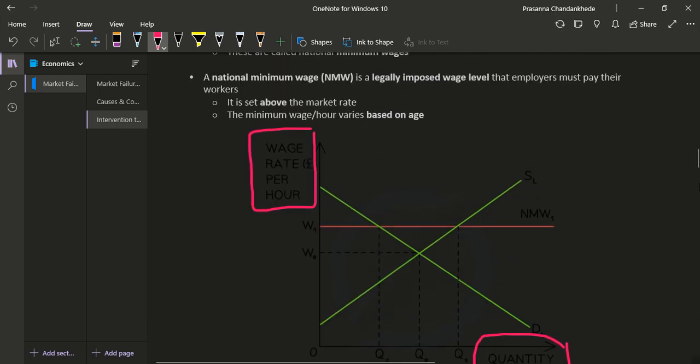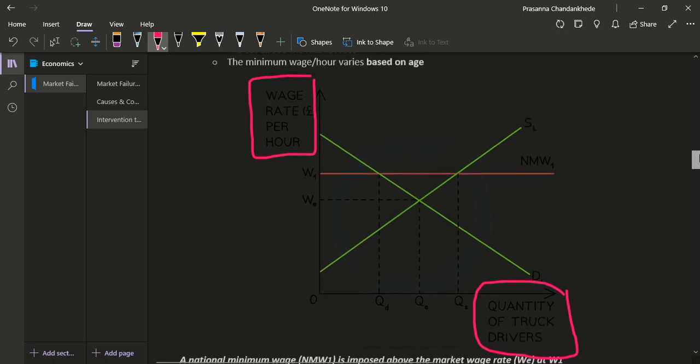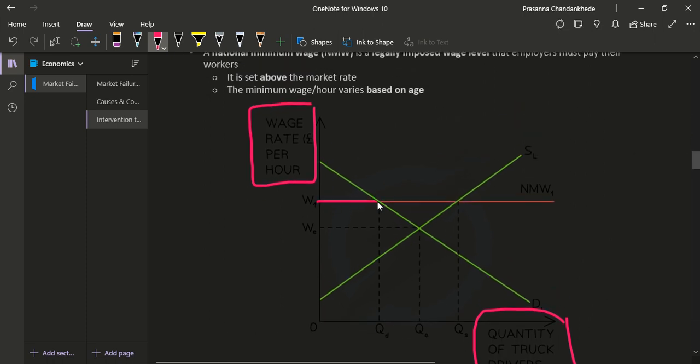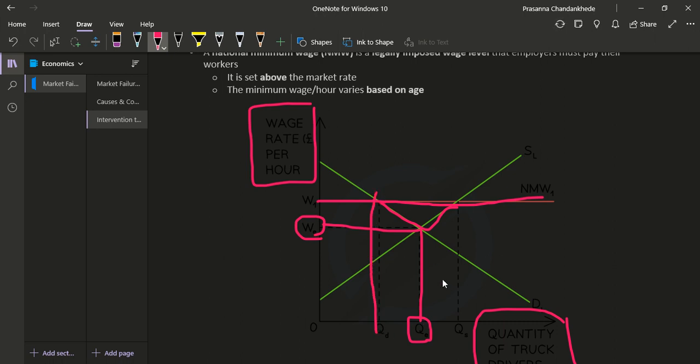So this will be the minimum wage that an employer must pay its employee. Here we know it's surplus, and this is our equilibrium quantity, equilibrium wage, that is here. So this is our quantity demand and quantity supply, surplus over here.